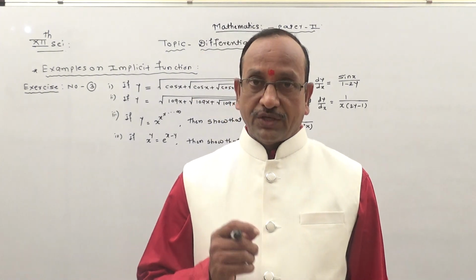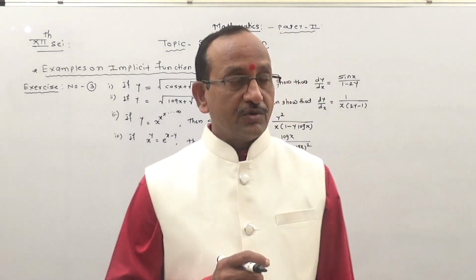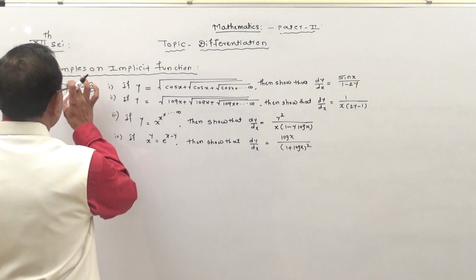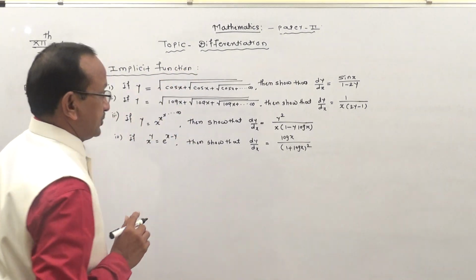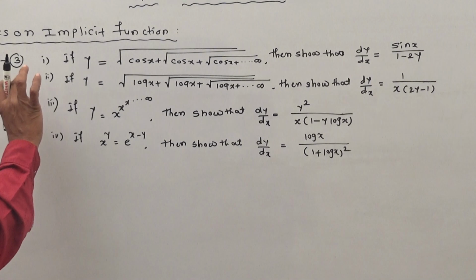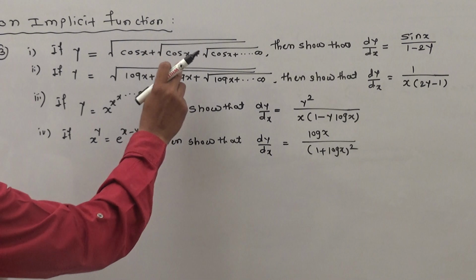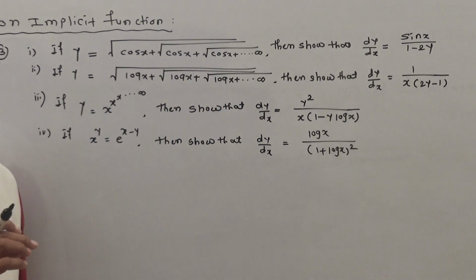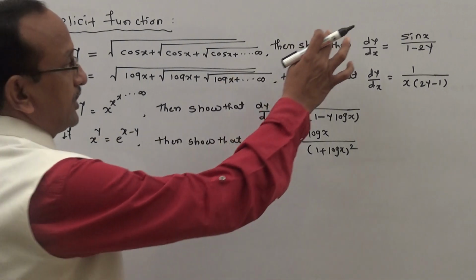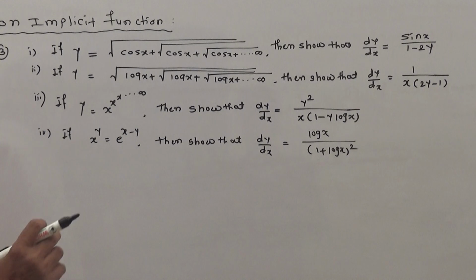Now today we are going to discuss examples on implicit function. Exercise number 3. If y is equal to root of cos x plus root of cos x plus root of cos x plus dash dash dash infinity, then show that dy by dx is equal to sin x upon 1 minus 2y.